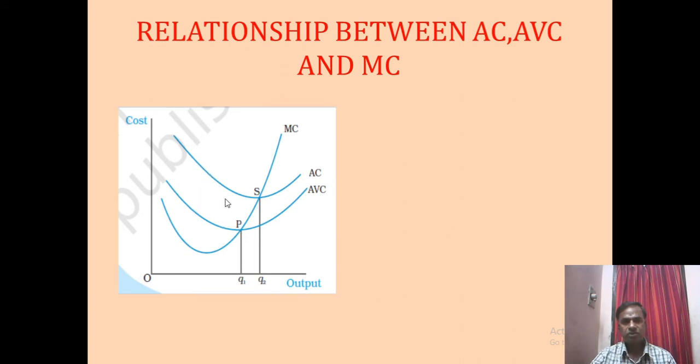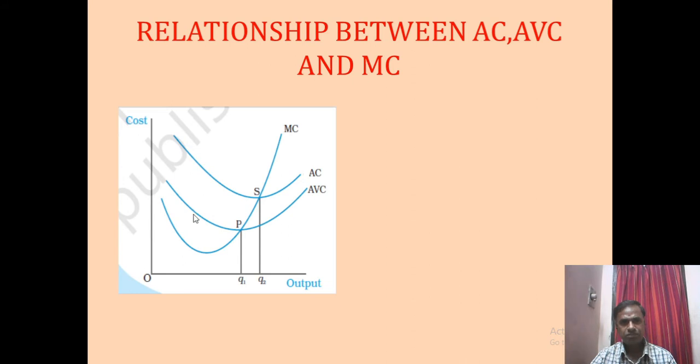All the three curves are U-shaped. The MC cuts AC and AVC at its minimum point. When MC and AVC meet, AVC will be at its minimum. When MC and AC cut, AC will be at its minimum.